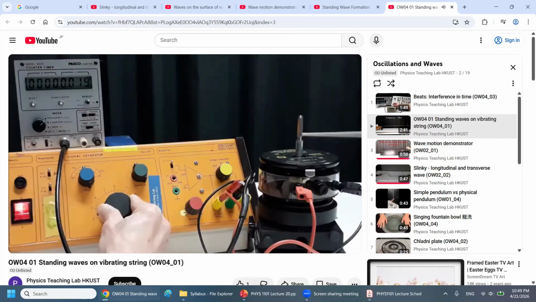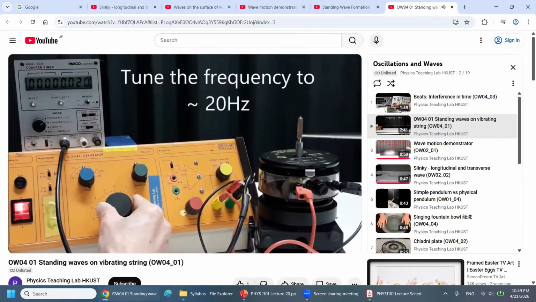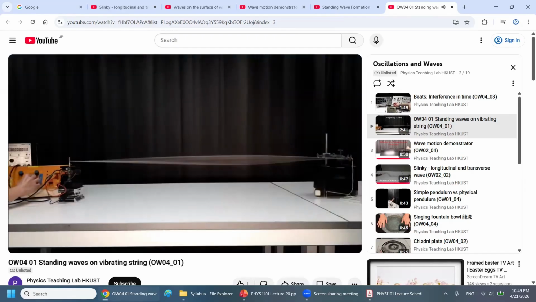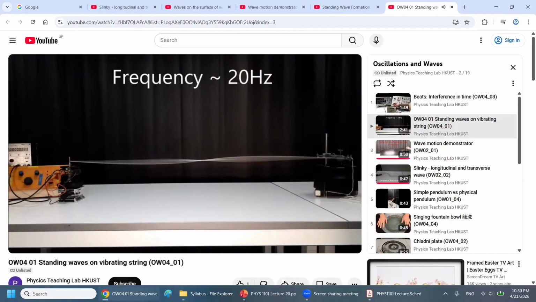Now we tune to the second harmonic. In the second harmonic, we will have two half wavelengths, right? So at the two ends, we still have two nodes, and in the middle, there is also a node.